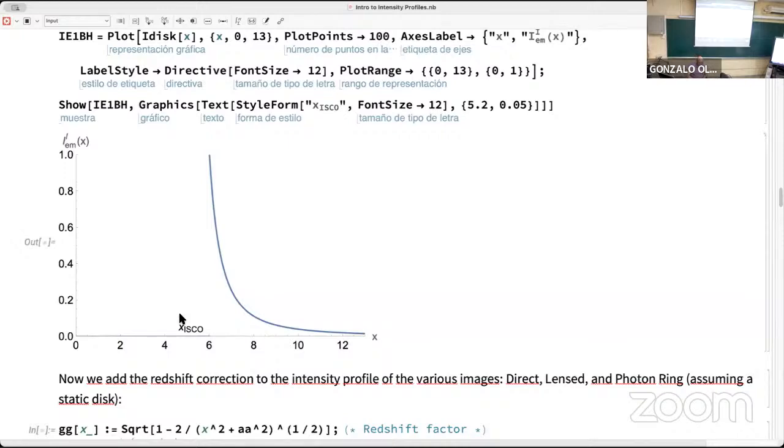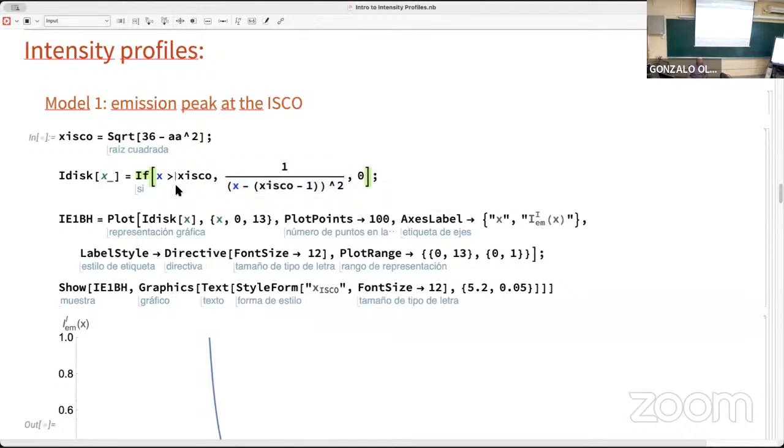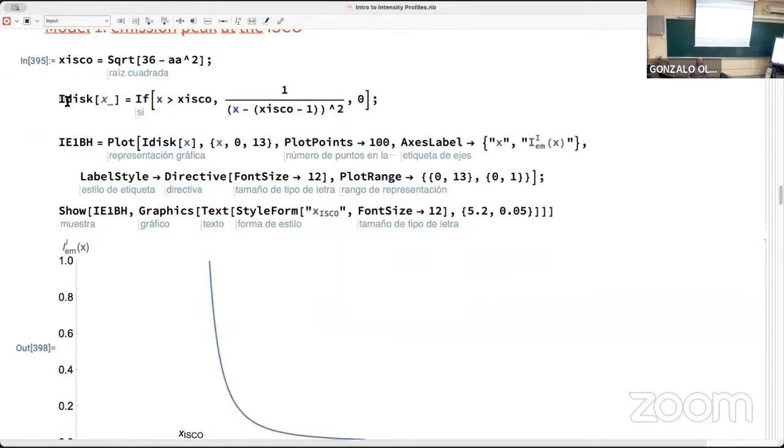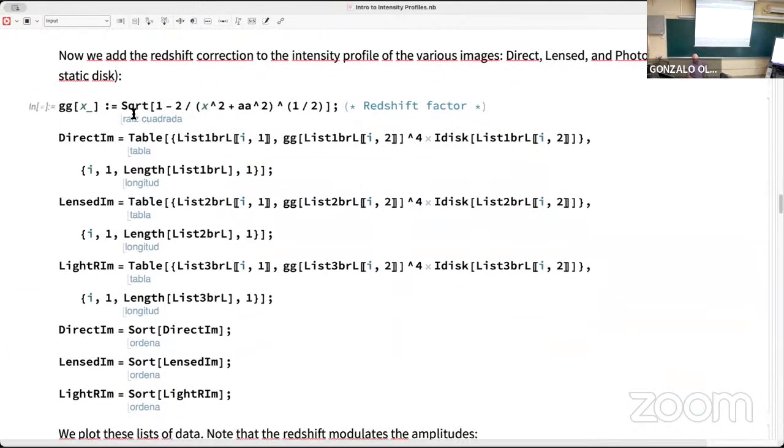Very good. So we need to define this function. Okay, we just define this. And then we define the redshift function. The redshift factor is the square root of 1 minus 2x.